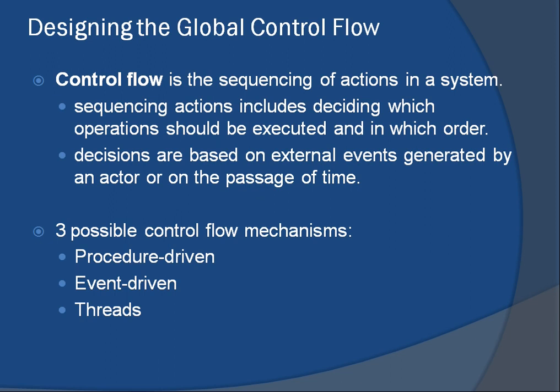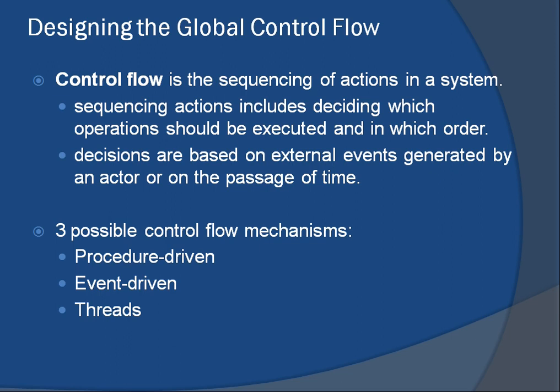Now we'll see designing global control flow. Control flow is actually the sequence of actions in a system. Sequencing is important here. We have to figure out which of the actions are taken in what order. So sequencing actions include deciding which operation should be executed and in which order.